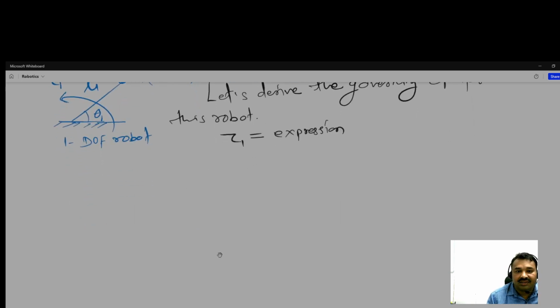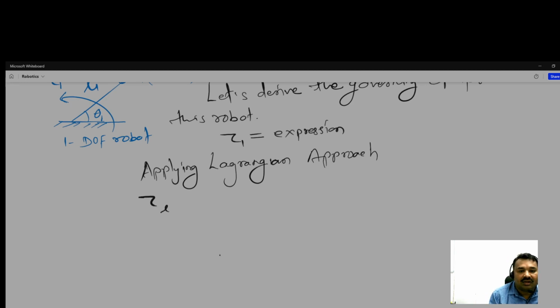Now, applying the Lagrangian approach, tau i is equal to d by dt of the partial derivative with respect to the angular velocity, minus the partial derivative of the Lagrangian operator with respect to the angular position.